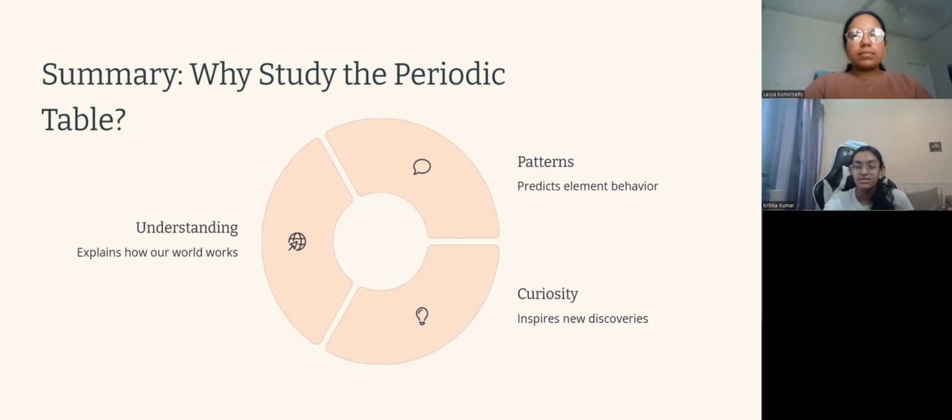And then just for our own curiosity, this can inspire new discoveries. A lot of scientists reference the periodic table, and if you look at a periodic table yourself, you're probably going to wonder, what are these few unknown elements, right? And you'd want to discover more about them.